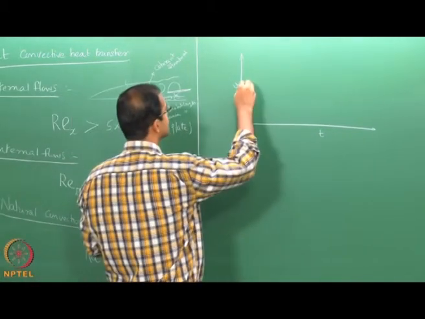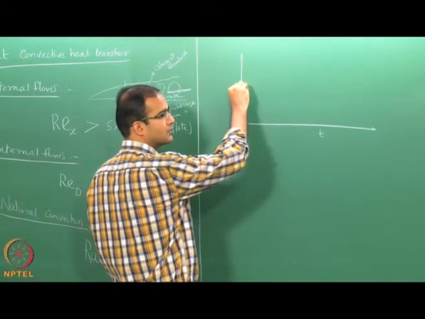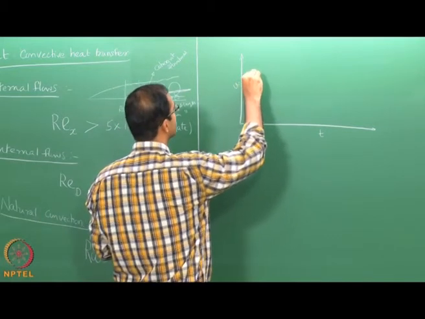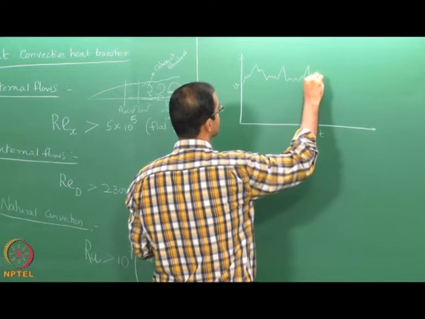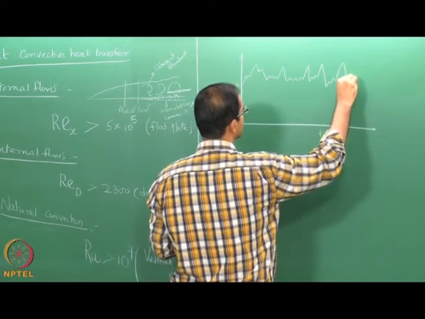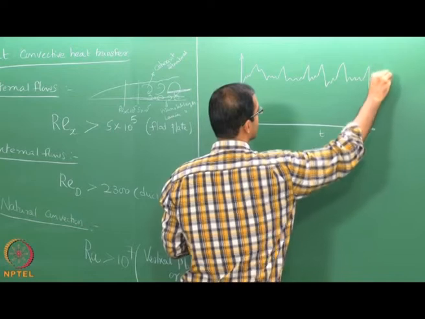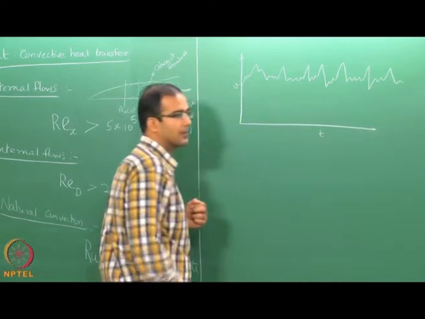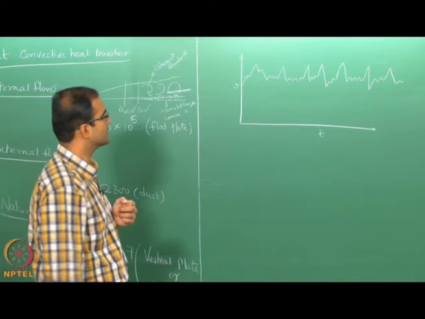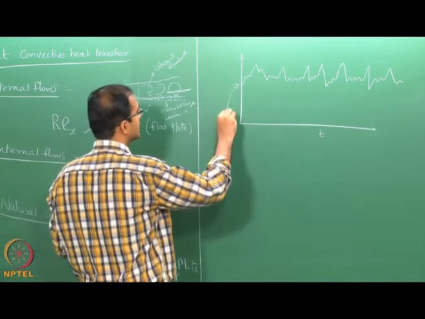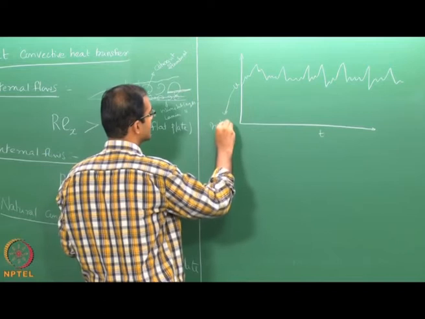You might start with some value at time t equal to 0, and then you might see some fluctuations. It could be anything, but you will definitely see a lot of fluctuations like this. It could be periodic, need not be periodic.